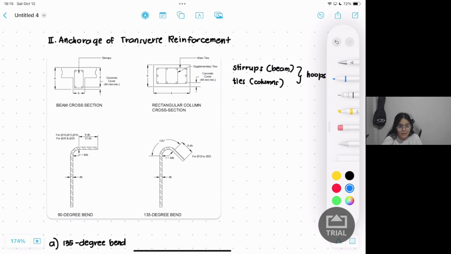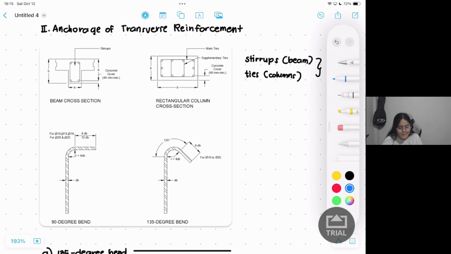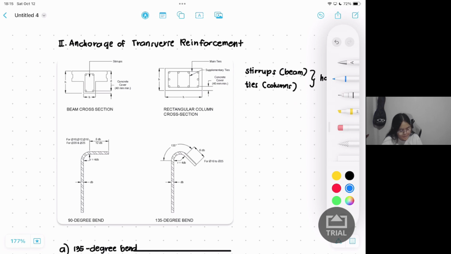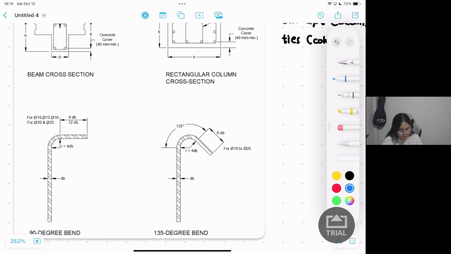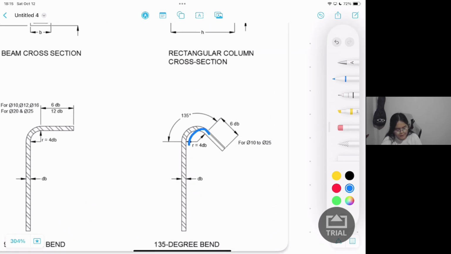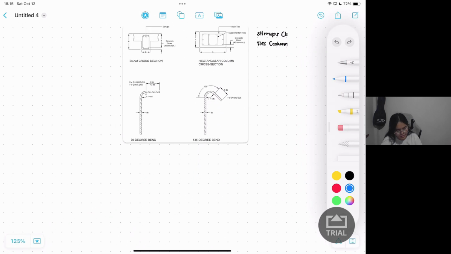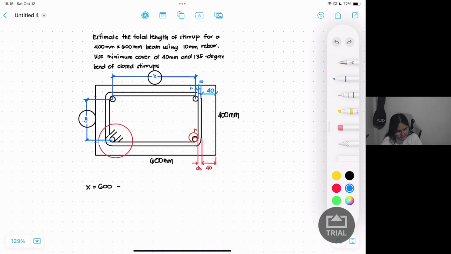Ano ba yung radius na yan? Okay, so for transverse reinforcement, ang gagamitin natin always na radius ay 4 dB. Ito, ayan, mapa 90 degrees man yan or 135 degrees. So we will use 4 dB.